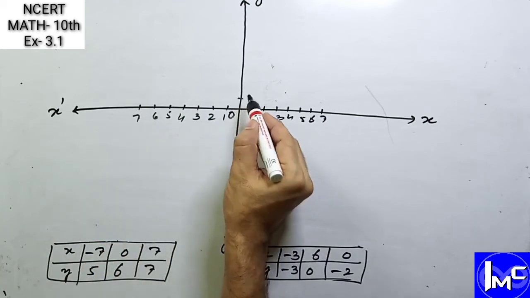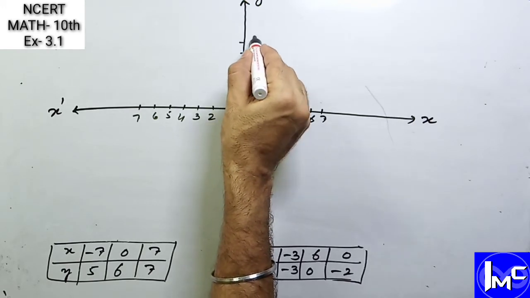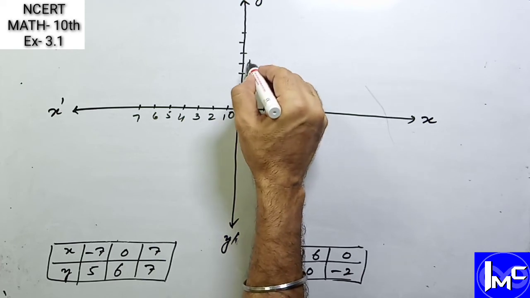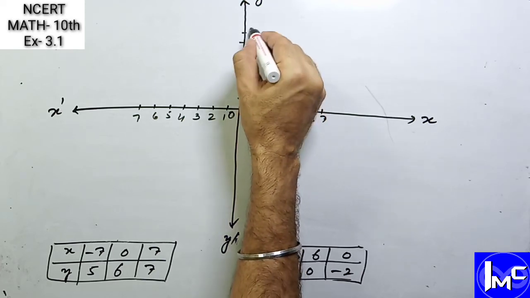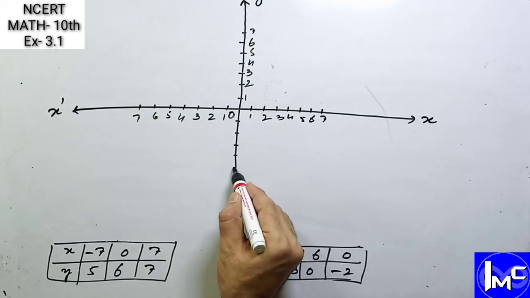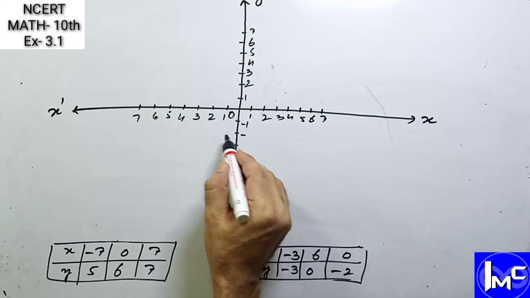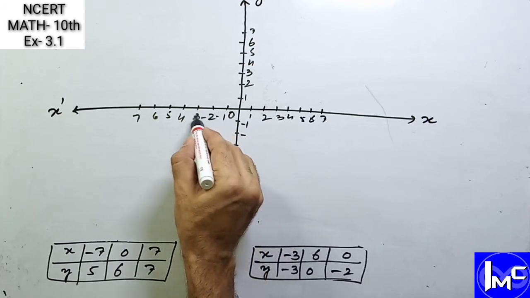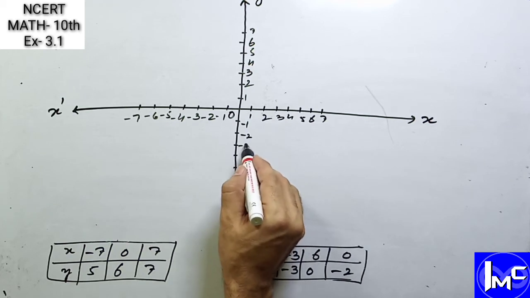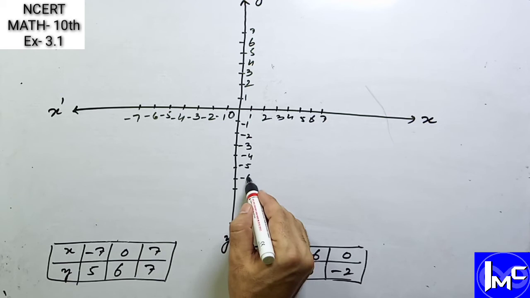Again 1 2 3 4 5 6 7. And 1 2 3 4 5 6 7. Minus 1, sorry, these are all of minus. Minus 1, minus 2, minus 3, minus 4, minus 6, minus 7.